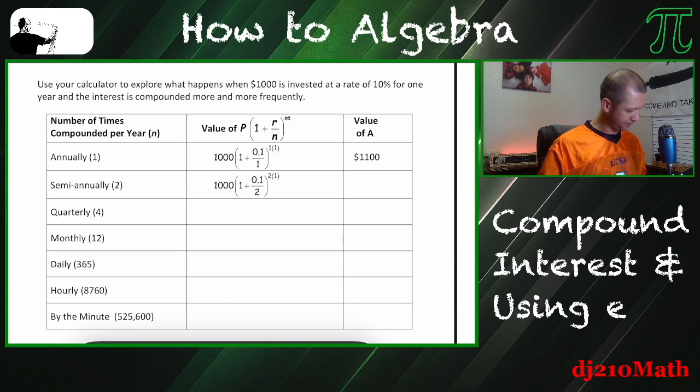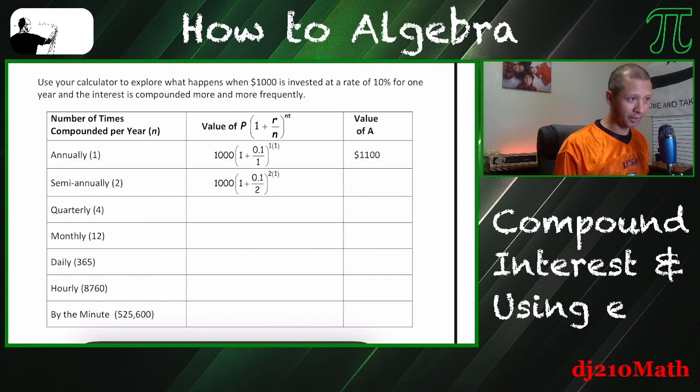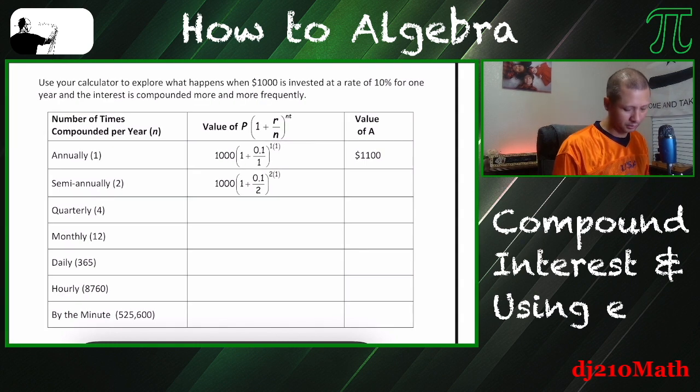However, I'll just go ahead and give these to you. You're going to hear or read these words in the left column, and these are your clues to what N value you're going to use. Annually, once, N equals 1. Semi-annually, N equals 2.